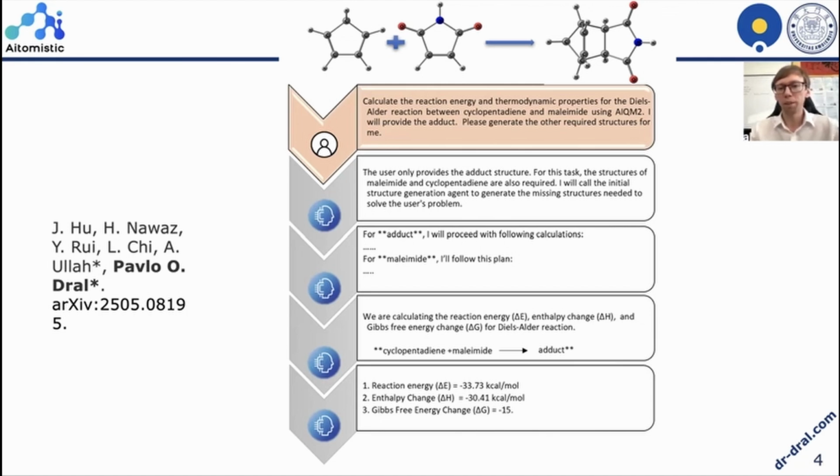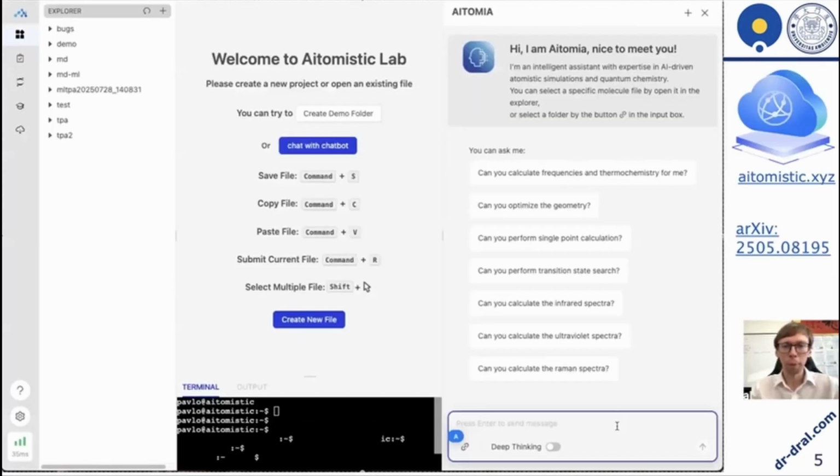If we now ask this AI assistant to do this, it will come up with a plan, extract structures, perform calculations and analyze results, and it will give you the final summary with reaction energies and thermochemical analysis. Again, here is a video demonstrating how we do this online.